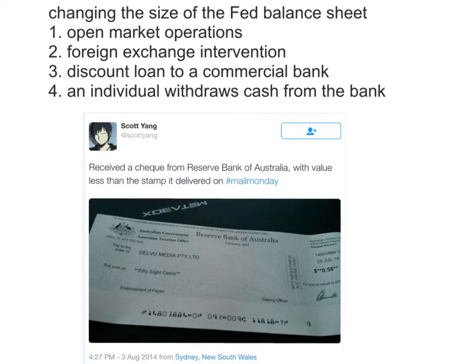Finally, the Fed can actually do exchange with private individuals. So the Fed can actually write Fed checks to individual people or private companies, just like your local bank can write a check.